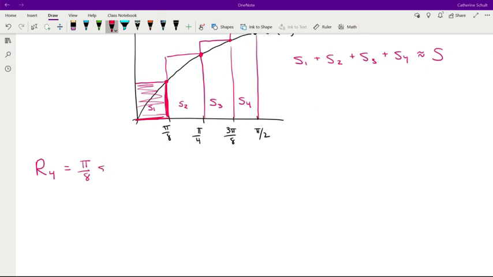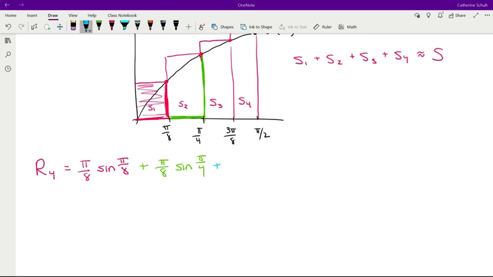Well, it's going to be sine of pi over 8. So that's your S1. And then S2 is something similar. Again, this width is pi over 8. And then the height of this rectangle is sine of pi over 4. So that's your S2.